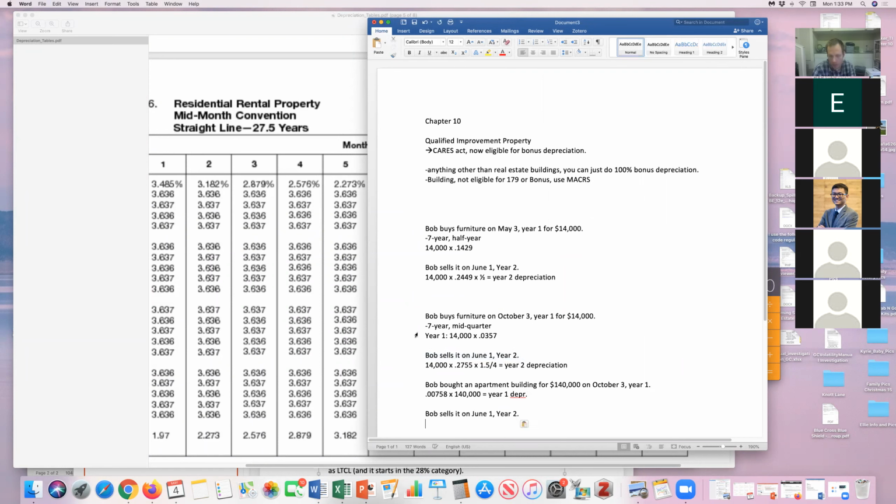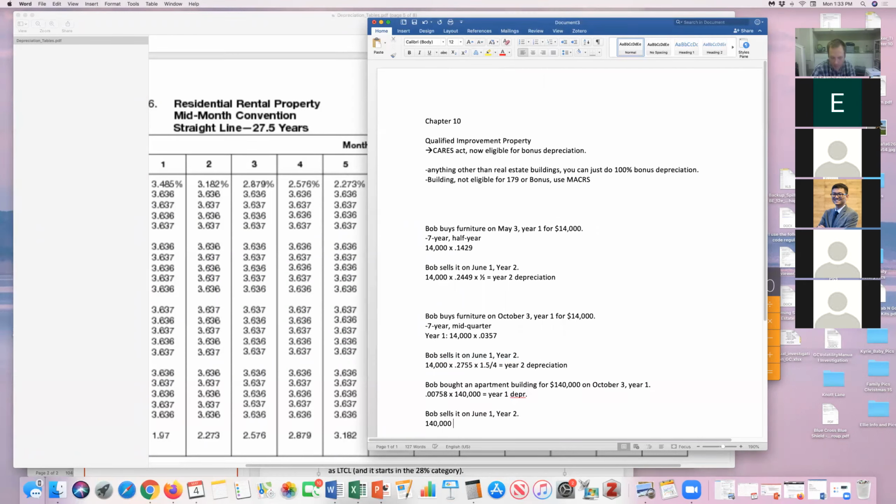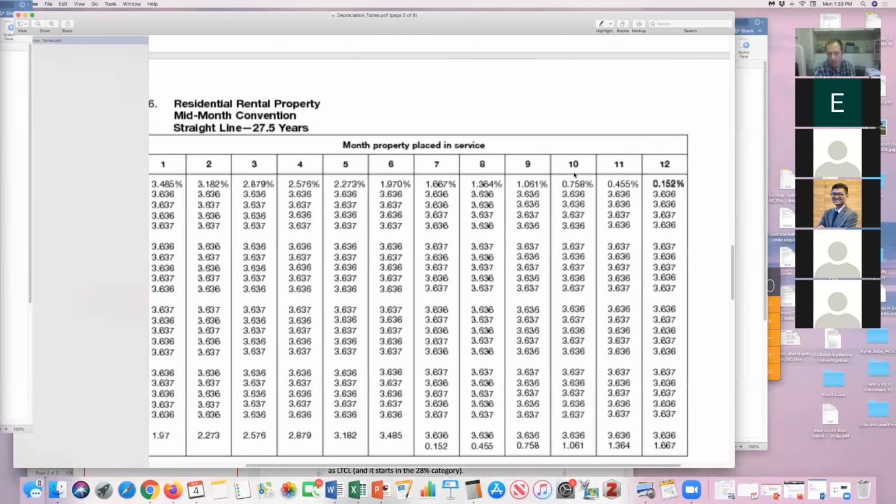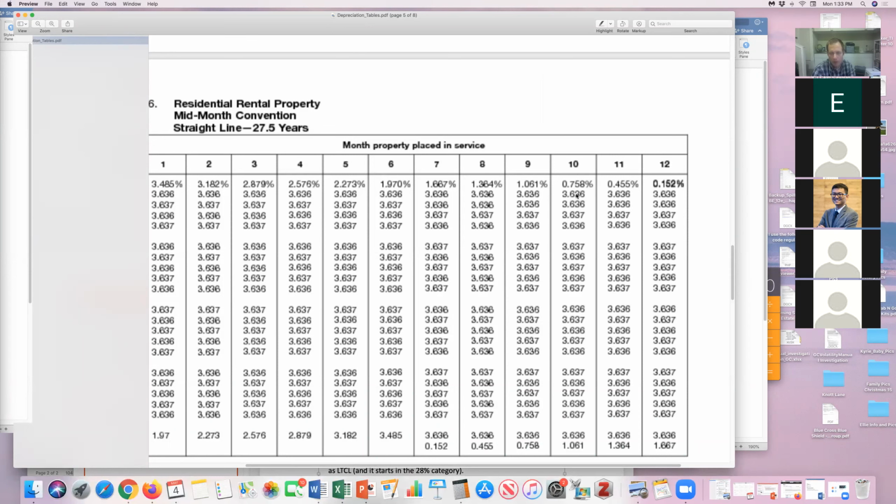Let's say Bob sells it on June 1st of year two. All right, so first of all, I'm always using initial basis, and I'm always going to stay in the column where I started, although you can see with real estate, it doesn't usually matter in the middle years, although on residential, they do alternate.